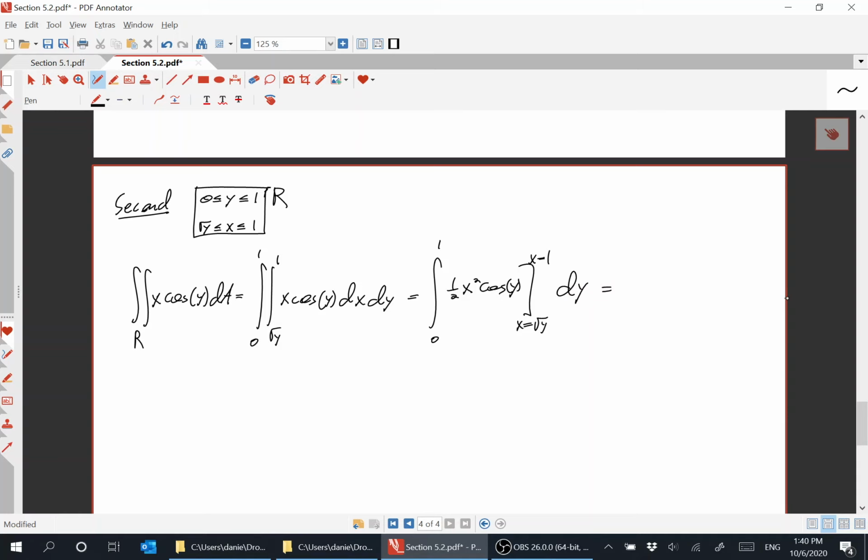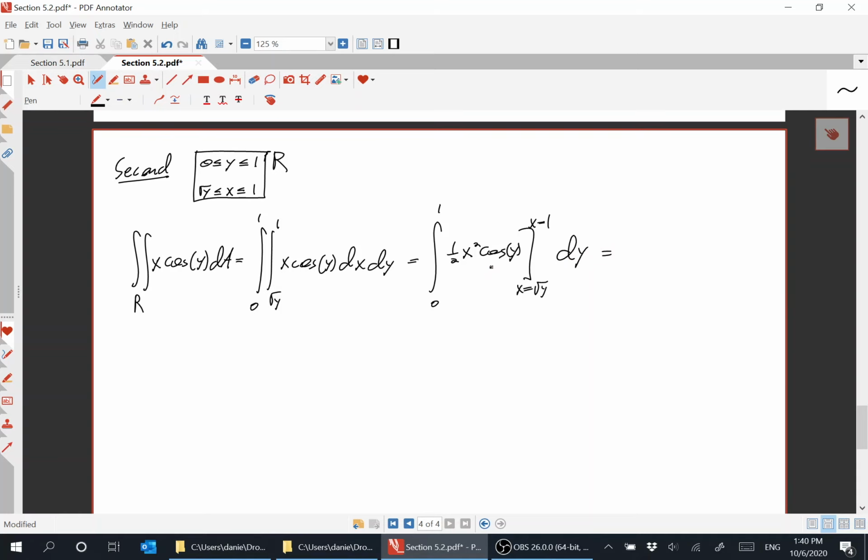Right? And this is equal to what? Evaluating at 1, we get 1/2 cosine y. And then evaluating at square root y, we get 1/2, let me go down a line, minus 1/2 y cosine y dy.